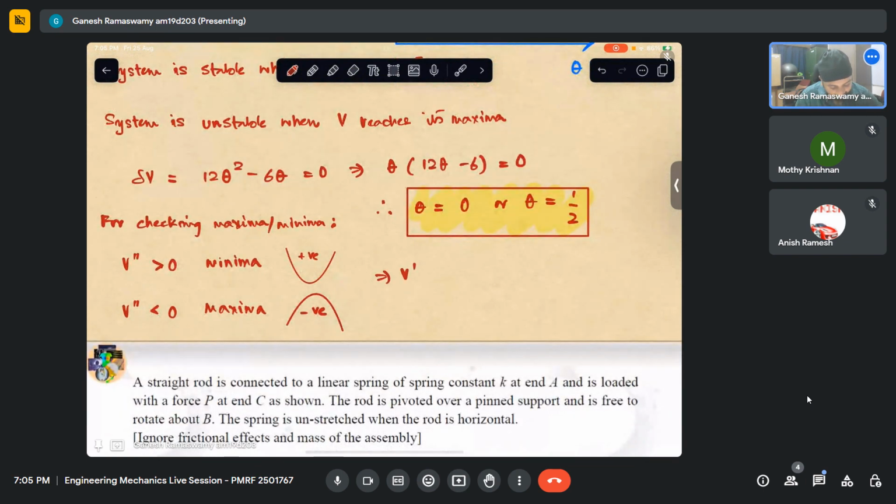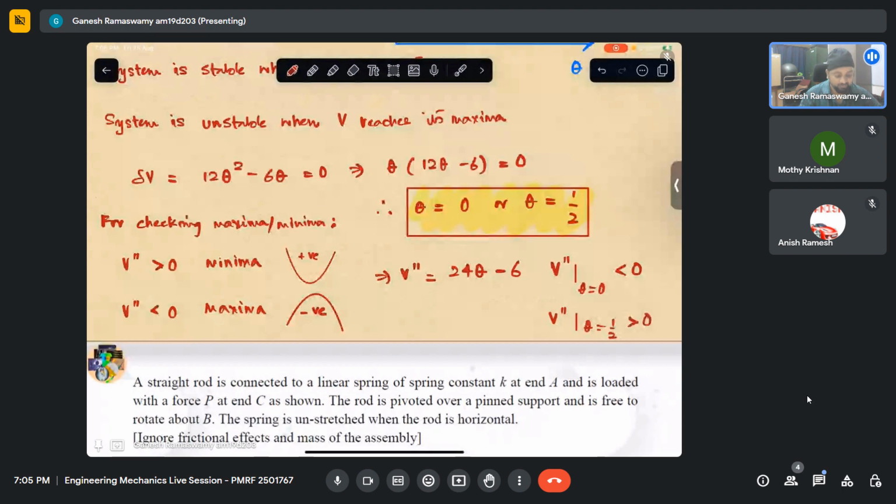So let us calculate V double dash. I essentially have to differentiate this equation again. This will be 24 theta minus 6. And I have to try out these stationary points. So V double dash at theta equal to 0 is negative. And V double dash at theta equal to half is coming out to be positive because it will be plus 6.